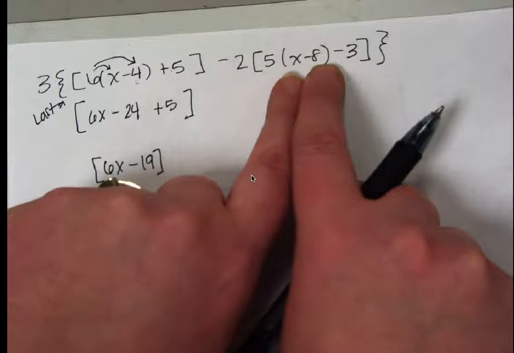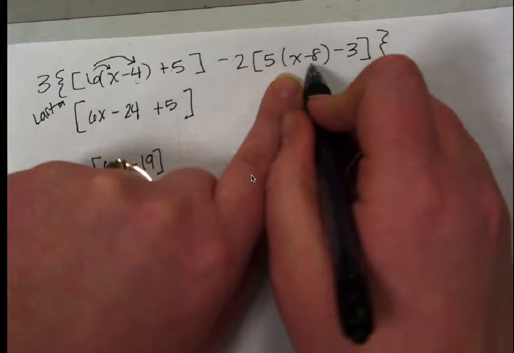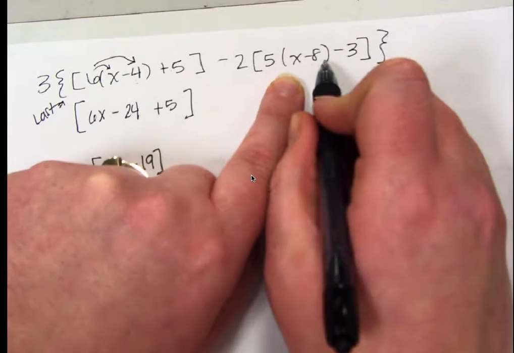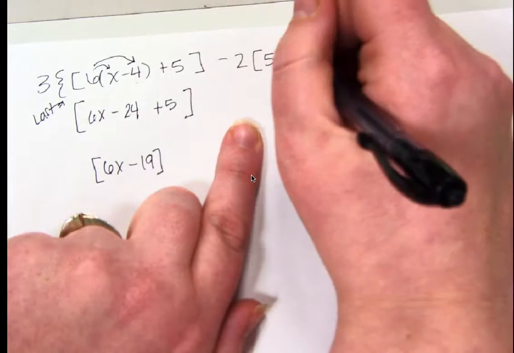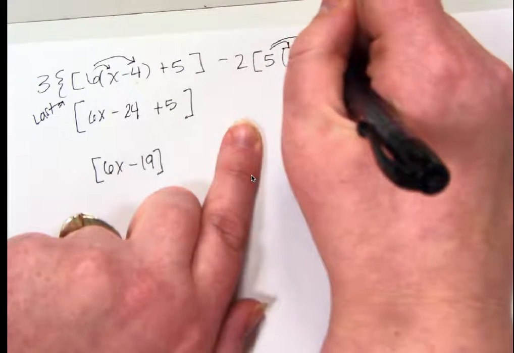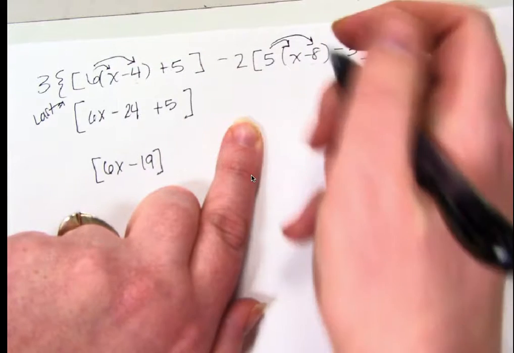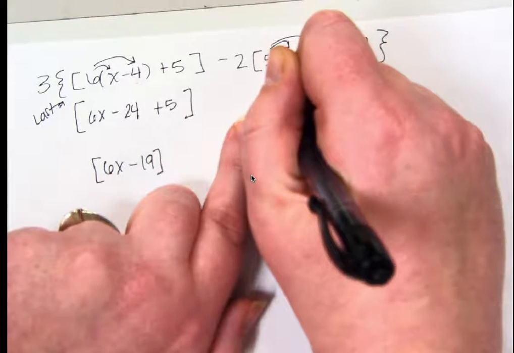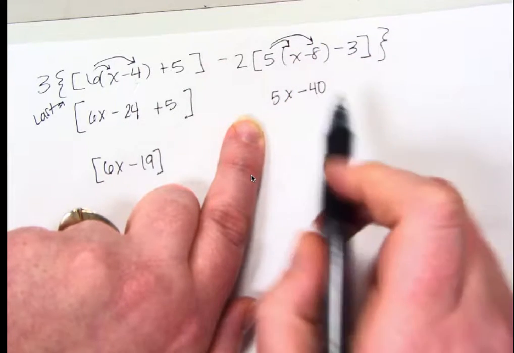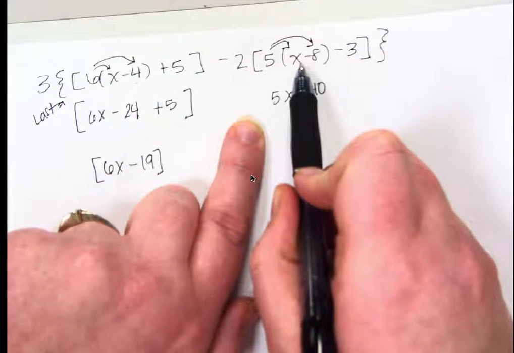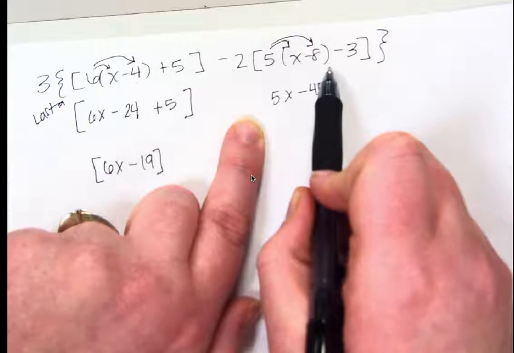Once again, start with the x minus 8 and ask, can I simplify anything there? I can't. So to get rid of those parentheses, I distribute the 5. So I'm going to get 5x minus 40. That's coming from 5 times x, then 5 times -8.